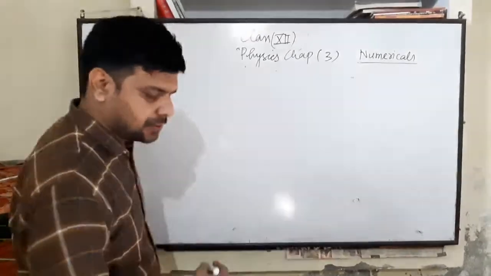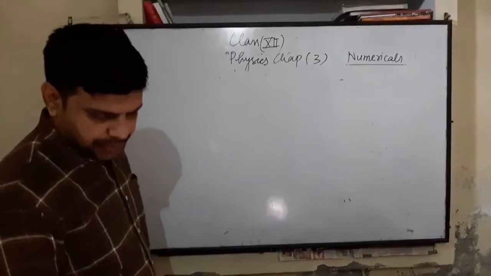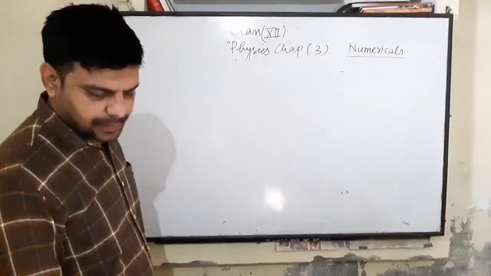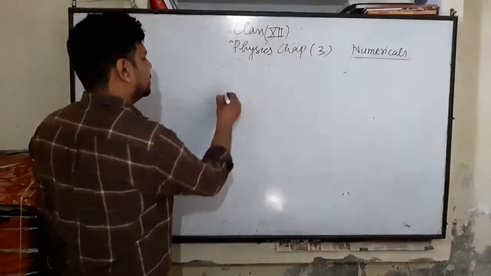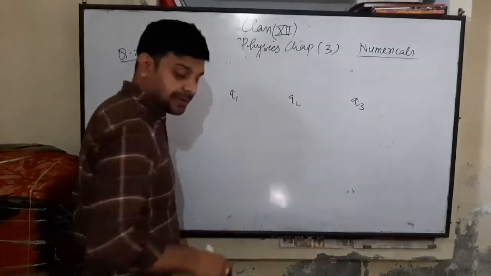Now question number 22. Three point charges Q1, Q2 and Q3 are placed in air in a line.